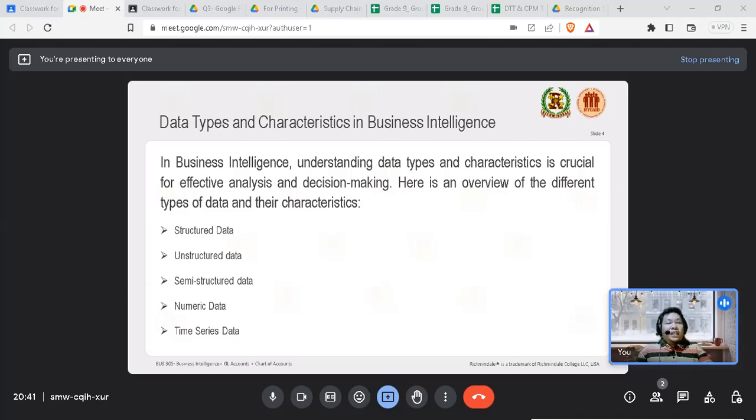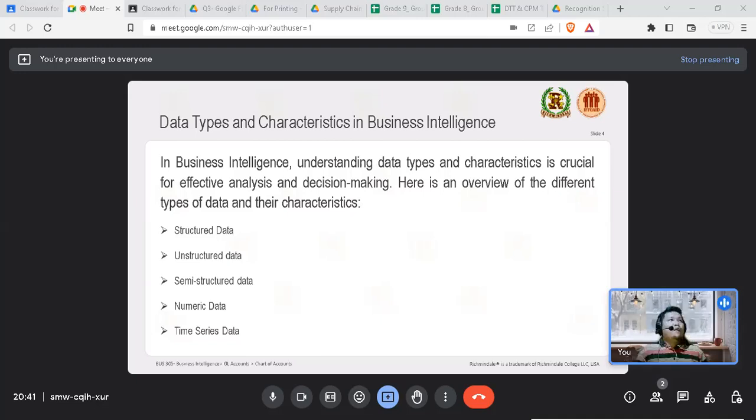And the comparative analysis, where comparing numeric data across different categories, time periods, segments to uncover performance variations, identify outliers, and support benchmarking efforts. Numeric data is often visualized through charts, graphs, dashboards, and reports to enhance data comprehension and communication.